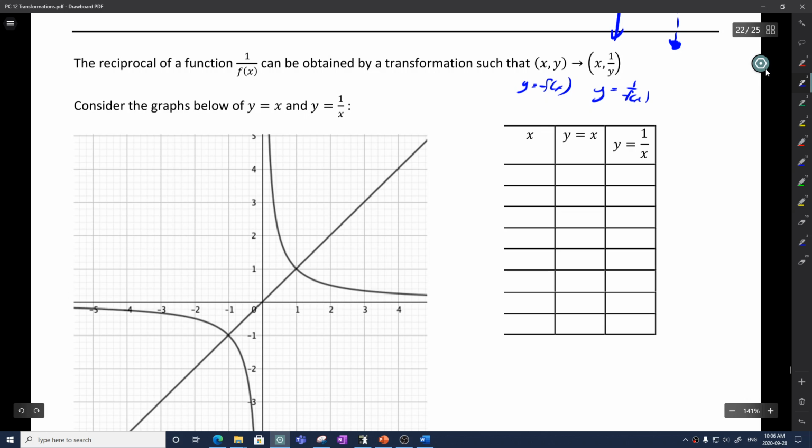So the point is we take point (x, y), which is on our parent function, and we transform it into point (x, 1 over y). So now this is the reciprocal of y.